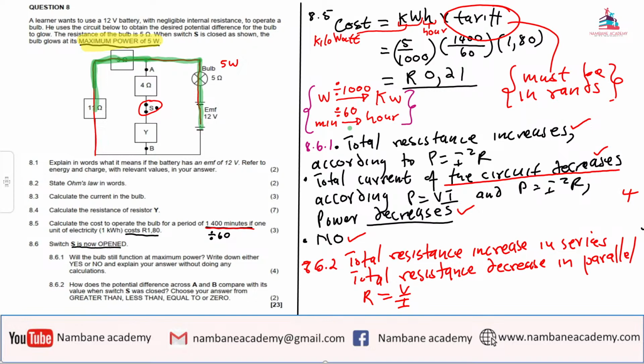When S is open, we only have resistors in series, and resistors in series give us a bigger R. So for a bigger R, it increases, then it basically says V increases. So what will be the answer? Greater than. It is as simple as that.